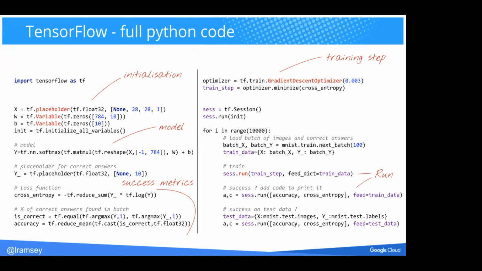Then you figure out what your success metric is, and there is a fancy name for that: it's called the loss function. Then you optimize that loss function using the training step, and that's what is shown on the right-hand side. Then you run this and the model gets created, and then you can deploy the model with your test data.